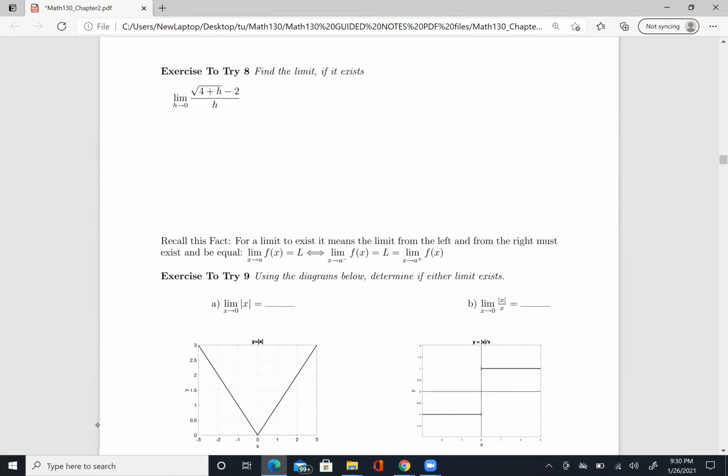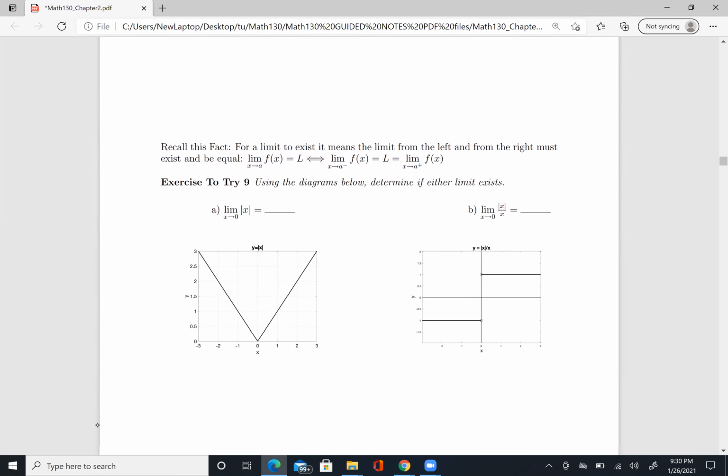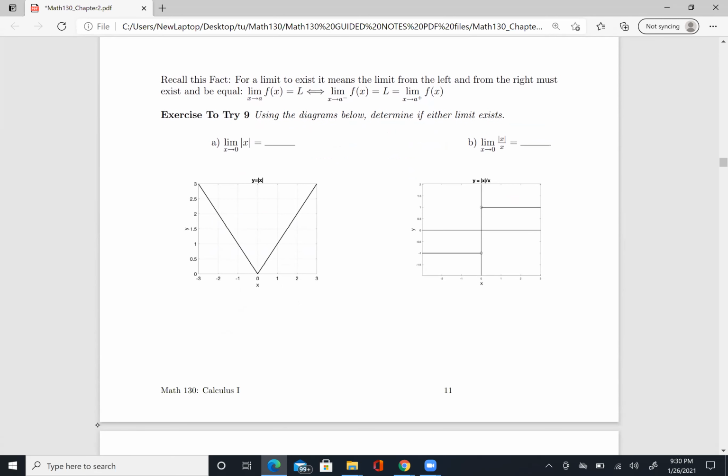Now, we're going to recall the fact that for the limit to exist, it means the limit from the left and from the right must exist and they are equal to each other. So the limit of f(x) when x goes to a equals L means what?